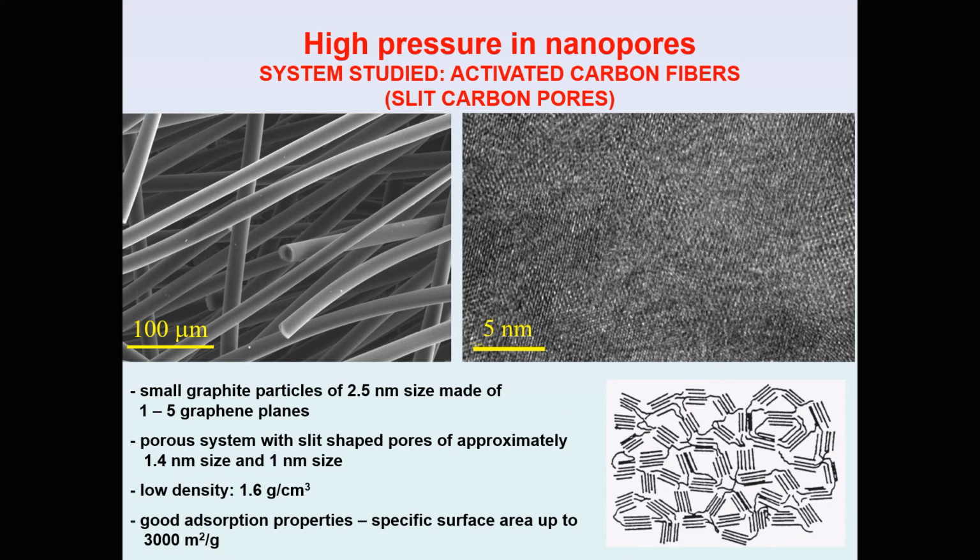We describe the high pressure effect in nanopores for water confinement in activated carbon fiber. The activated carbon fiber consists of small graphite particles of 2.5 nanometer size, and the pore system forms slit-shaped pores of approximately 1.4 and 1 nanometer size.